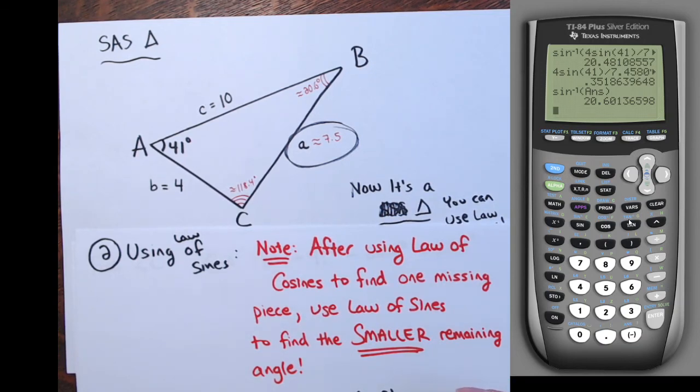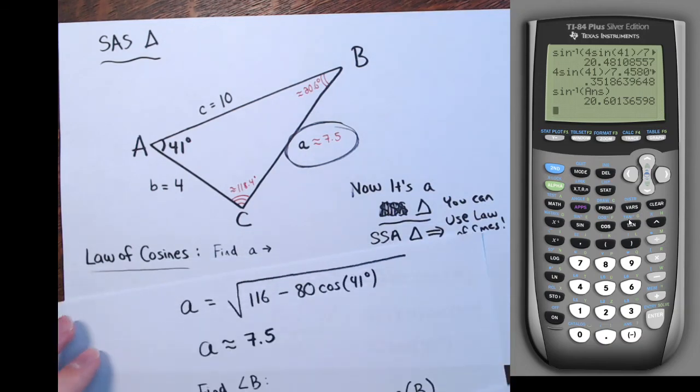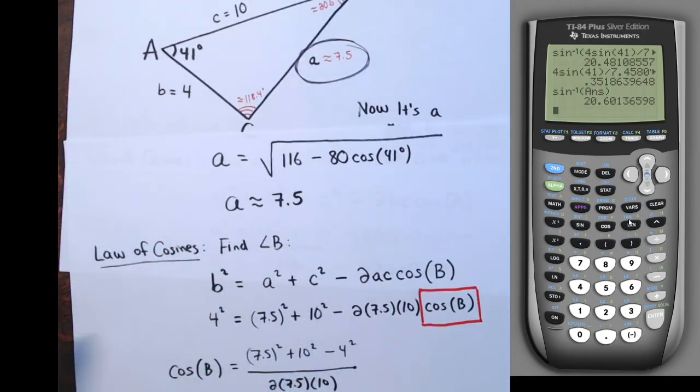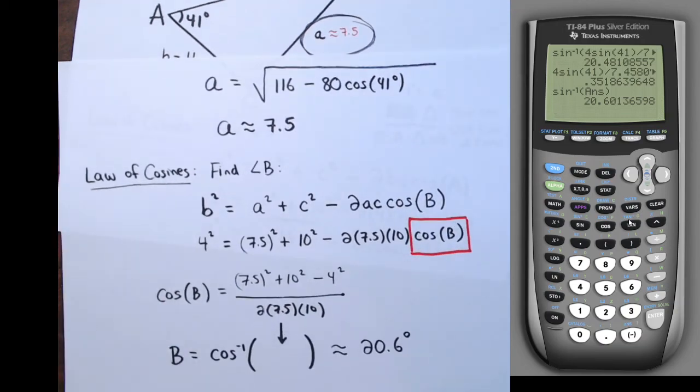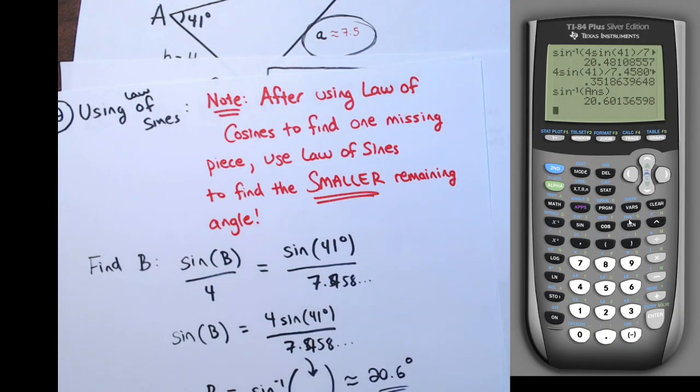Either way is fine, though. Like I did here, you can use the law of cosines to find angle B as well. But you can also use the law of sines if you wish, after you find that missing side in this side-angle-side case.